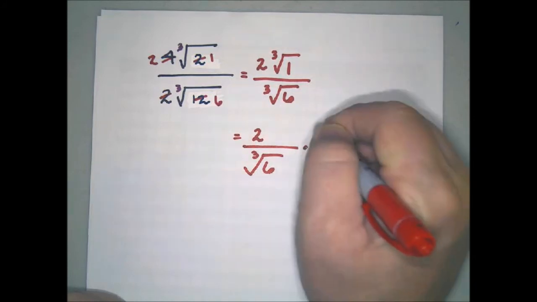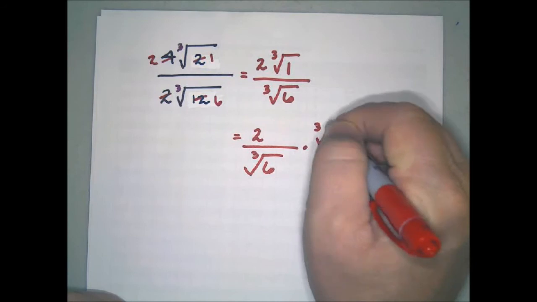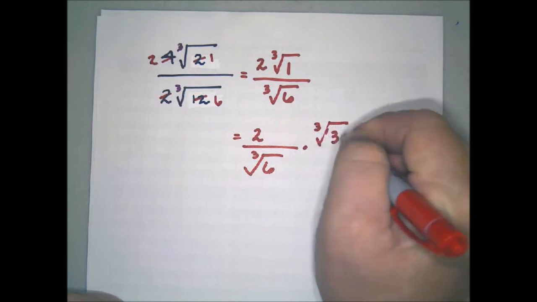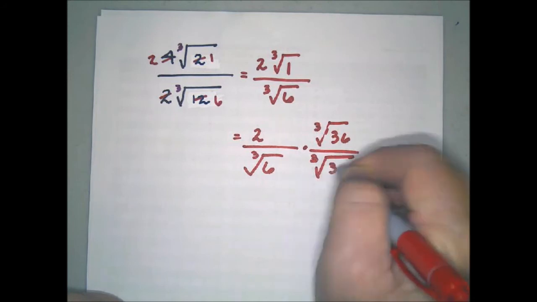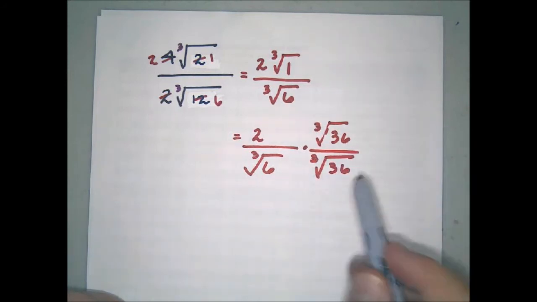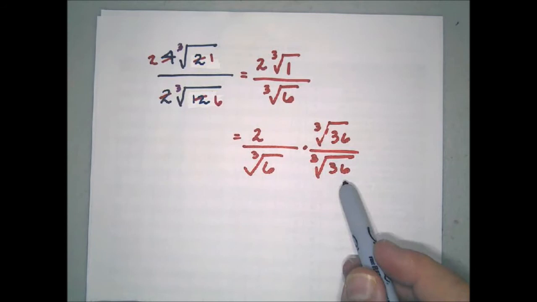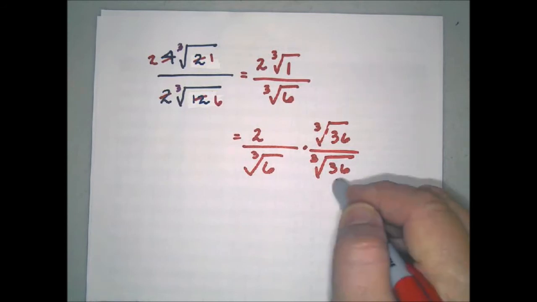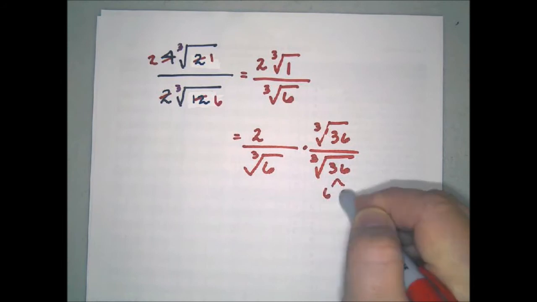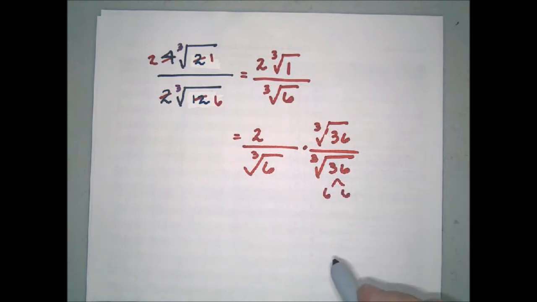So what I use to rationalize is the cube root of 36. That's kind of the magic number that's going to make this all work. And where did that 36 come from? It's really just 2 more 6s. So I had to introduce 2 more 6s to the problem.